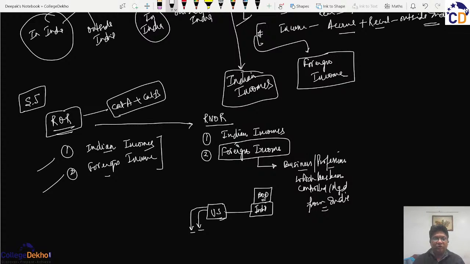So the point to be noted is that an ROR will be liable to pay tax on all kinds of foreign incomes, irrespective of their nature. But because an RNOR lives less in India than an ROR, its taxability has been reduced to the extent that not all foreign incomes will be taxed. Instead, one special kind of foreign income will be taxed.